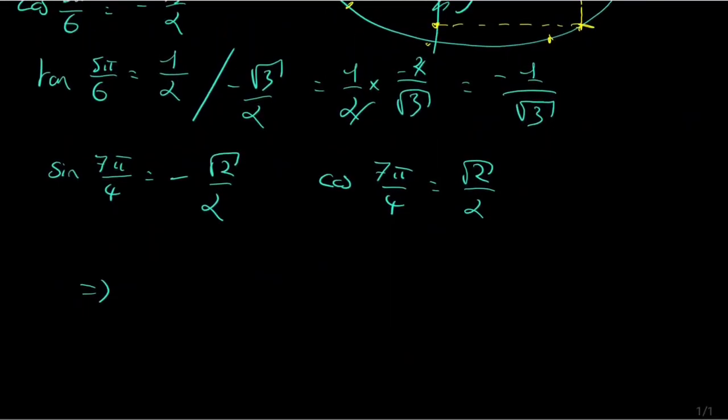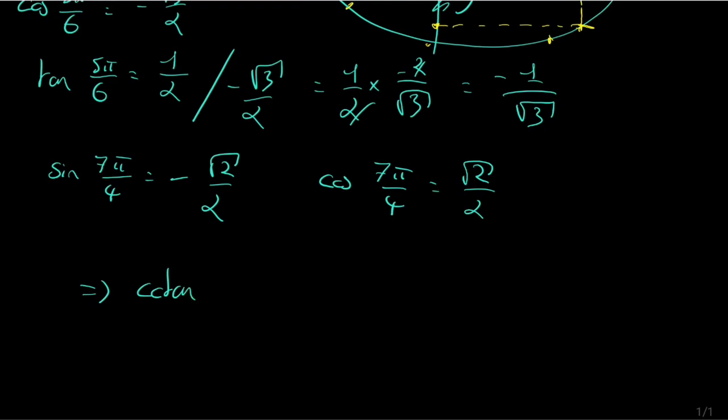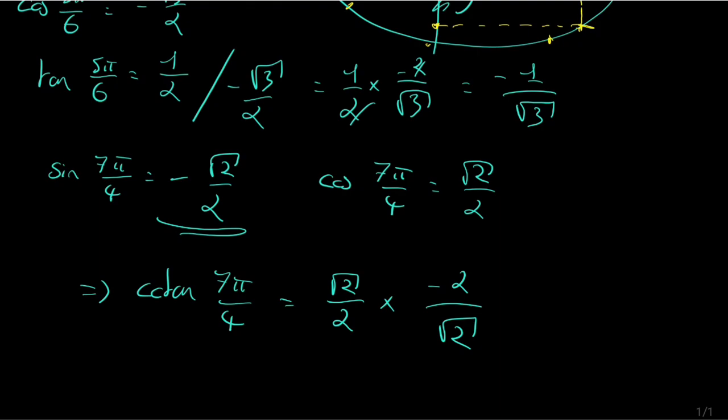And the cotangent of 7 pi over 4 will be equal to the cosinus over the sinus. So square root of 2 over 2 times the inverse of that, minus 2 over square root of 2. And if we simplify here and here, we are left with minus 1. It's equal to minus 1.